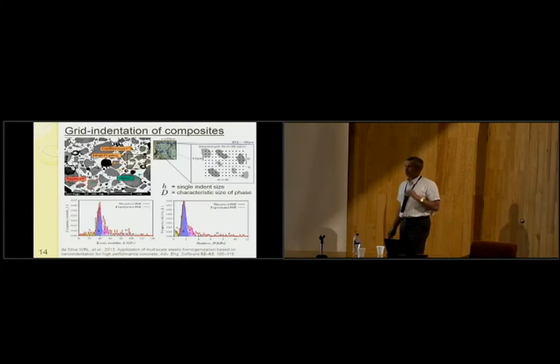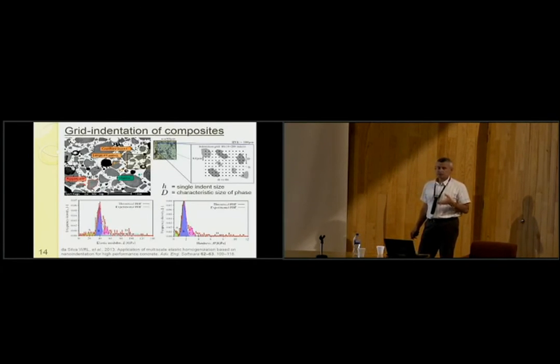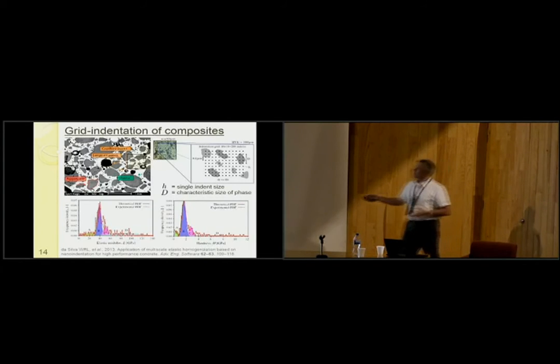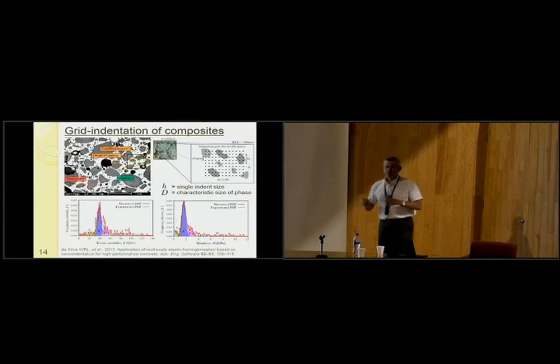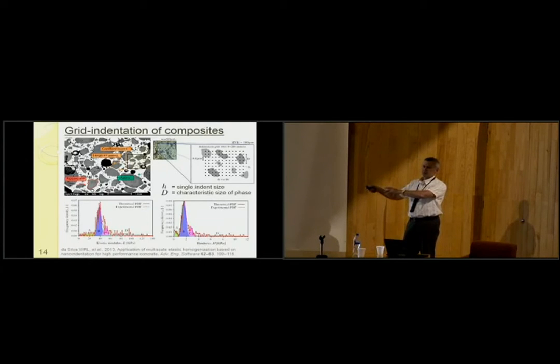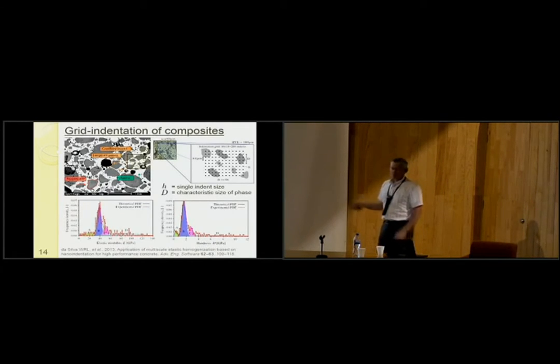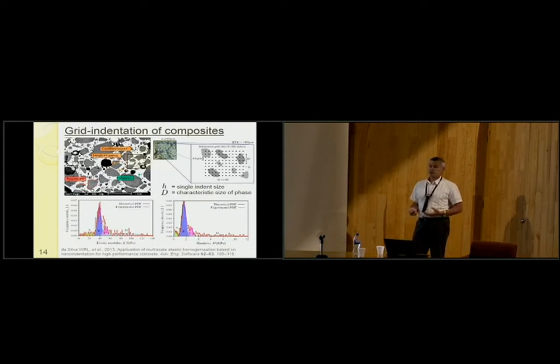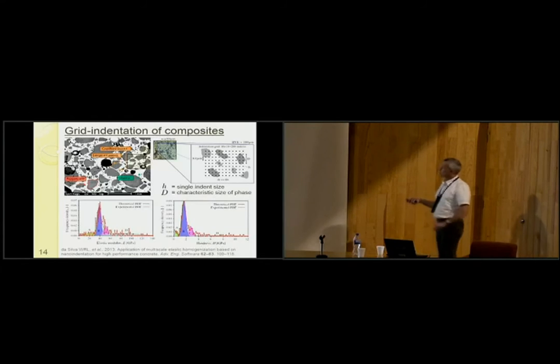Very important to emphasize that, for example, for cementitious composites, some phases do not exist outside composite. They are created during the composite, and so actually very often we don't know the properties of the composite material phases, and so we cannot evaluate effective properties because we don't know properties of the phases. And indentation is used to evaluate these properties.